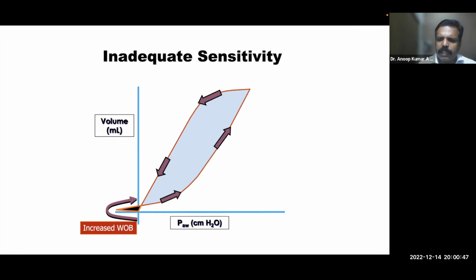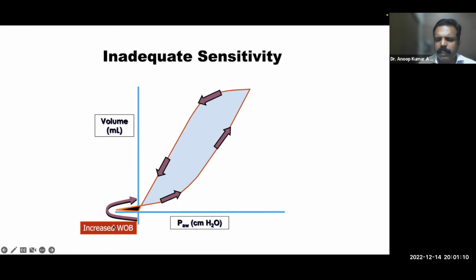So you should never try to control the tachypnea by controlling the trigger. I've seen that if the patient is comfortable at a trigger of 2, you make it 5 or 10 to reduce the respiratory rate. Never do that. What is going to happen? It is just like choking your patient. You are giving more trigger, so the patient has to generate more work of breathing.